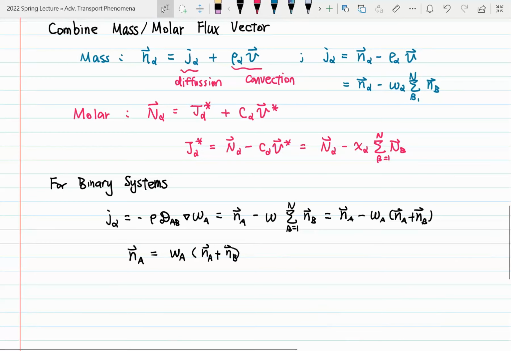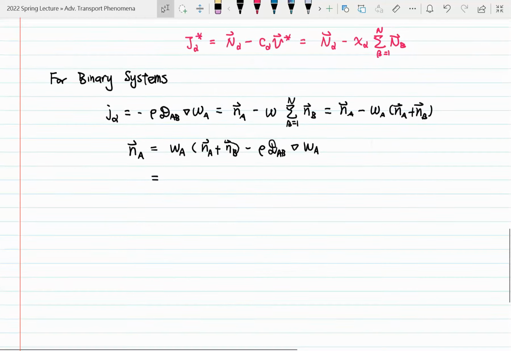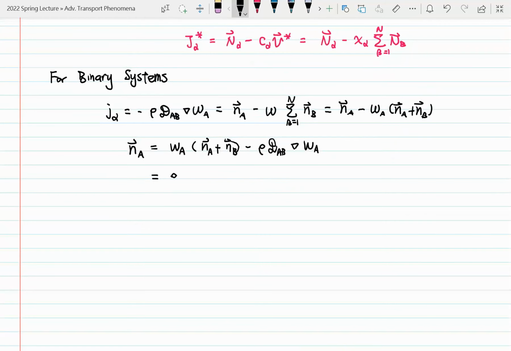There's only two components, minus the diffusional flux defined by Fick's first law of diffusion, and that equals rho WA times the overall velocity minus rho DAB gradient of mass fraction.